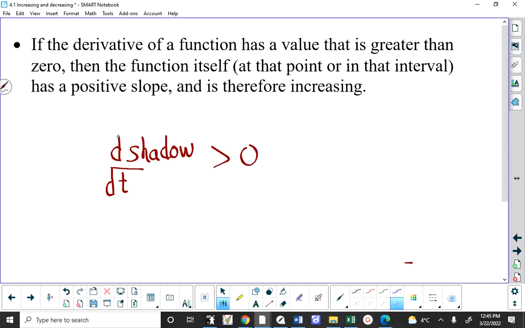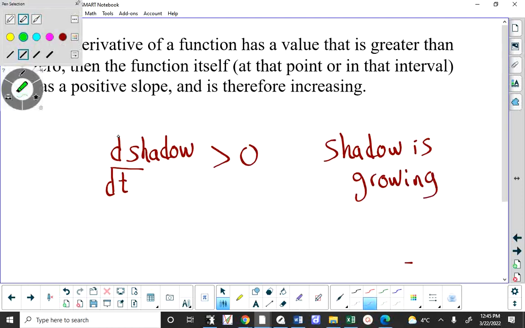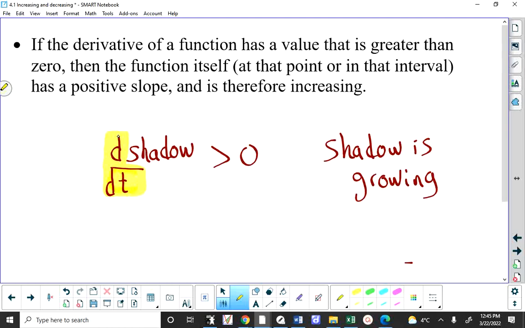What that means is the shadow is growing. Fundamentally, this is what differential calculus is all about: understanding that this operation is telling you what's happening to the thing you're operating on. So if d shadow/dt is positive, that means the shadow is increasing over time.